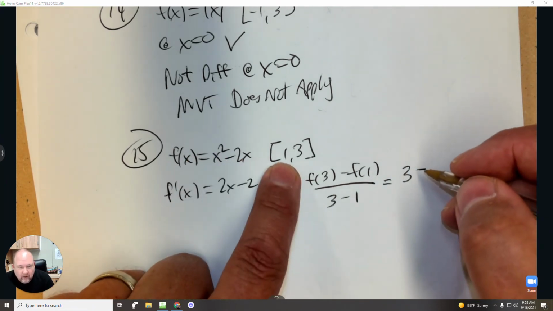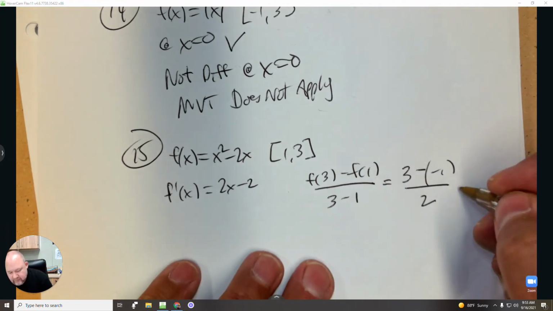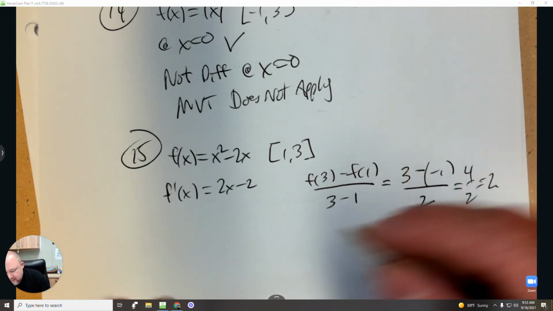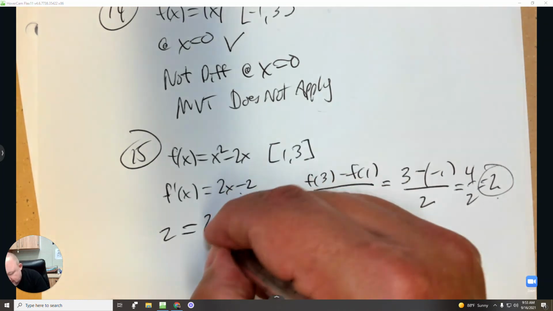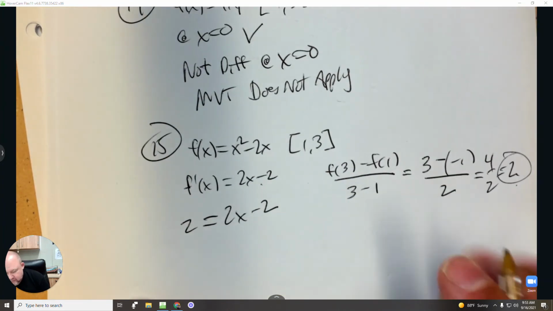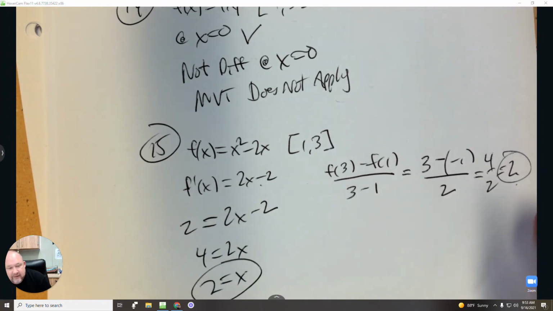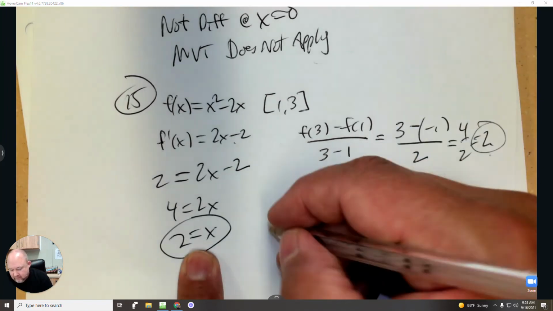If I plug in 1, that's 1, take away 2. So if I simplify it, it's 4 divided by 2, which is 2. So now I take the AROC and I make it equal to the derivative, and then I solve it. So the C value, where the AROC equals the IROC, the answer is 2.